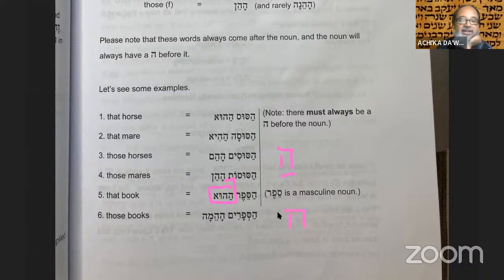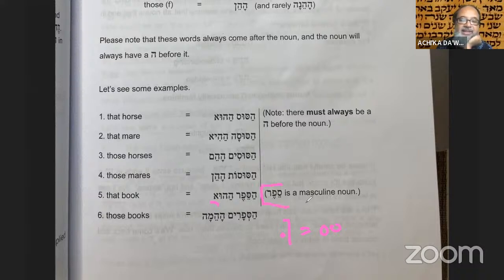Hey, and then this right here is an oo sound. Hahu. Because the aleph is what? Aleph is silent. And the vav with the dot on the side gives it the oo sound. So hasefer hahu.